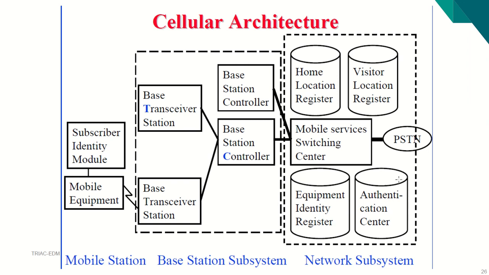For example, how much time have you talked on the phone? How much time do you spend communicating with people so that they can charge a proper fee to your number. So it's done by those things. So here is the mobile station, which includes this, and then the base substation, which includes this, and then the network substation, which includes this.